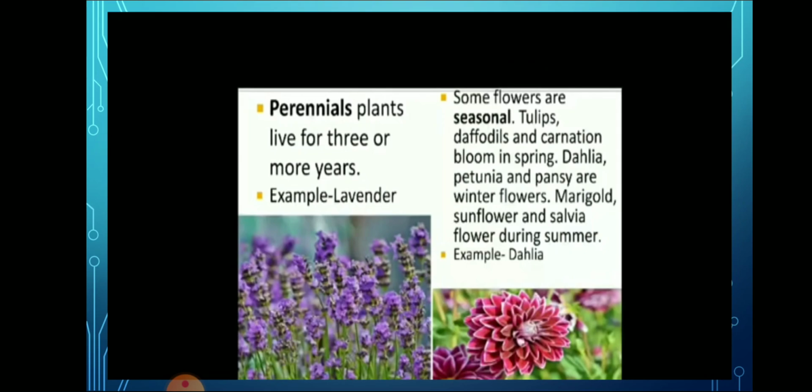Perennial plants live for 3 or more years. Example, lavender. Some flowers are seasonal. Tulips, daffodils and carnation bloom in spring. Dahlia, petunia and pansy are winter flowers. Marigold, sunflower and salvia flower during summer. Example, dahlia.